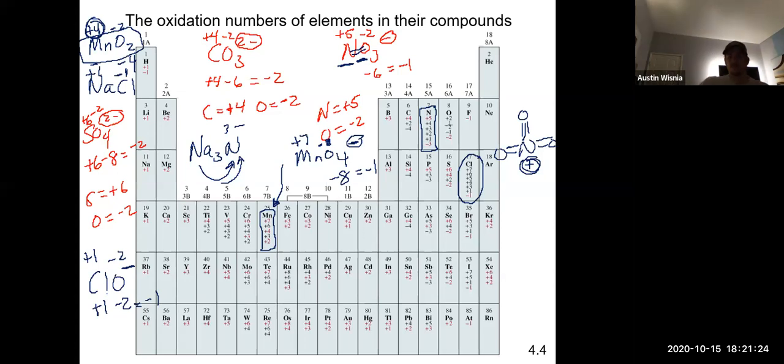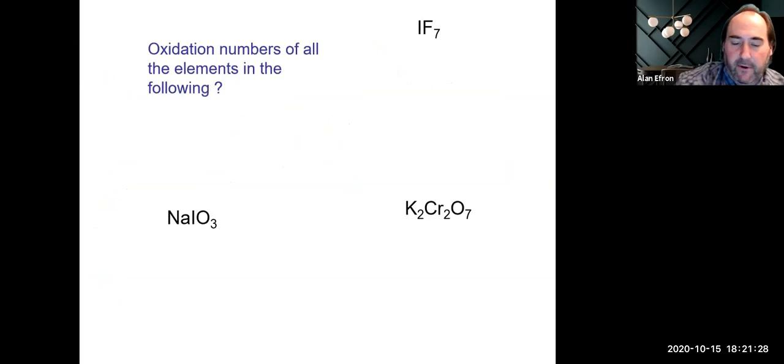Other questions? Okay. So here's a few more. Let's go through them to make sure. If we were looking at this sodium iodate here, we got 3 elements, and always when you got 3 elements, you should start at the oxygen. Oxygen is going to be -2 in this case. There are 3 of them, which gives us a -6. I usually go right, then left.